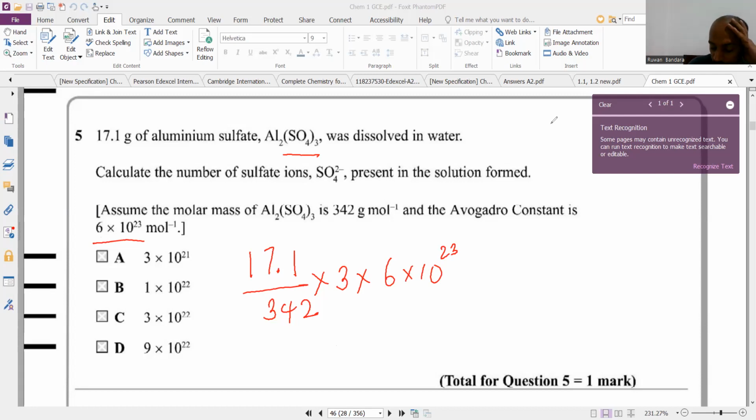You can't assume, you have to say the answer straight away. D for the win. 9 into 10 to the power 22. So the majority wins.